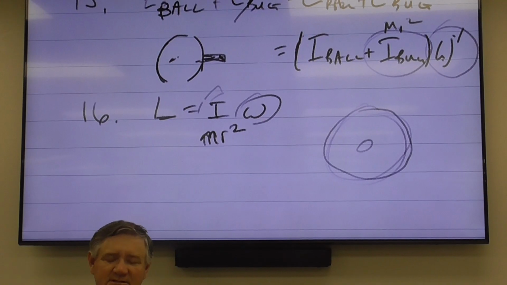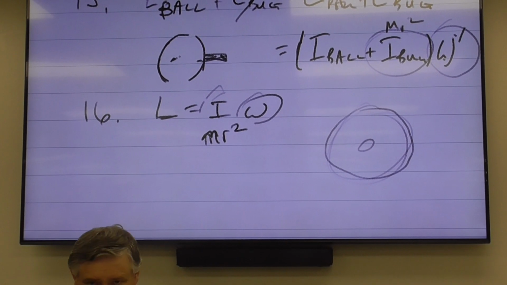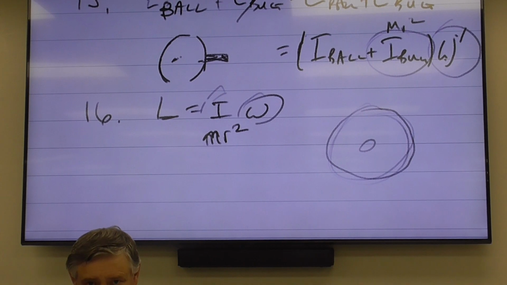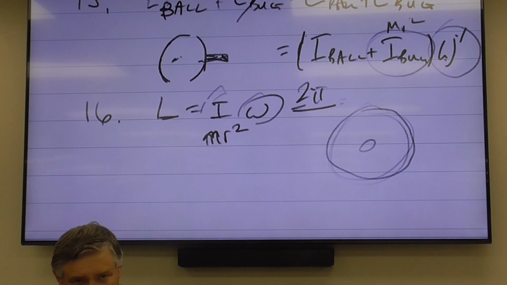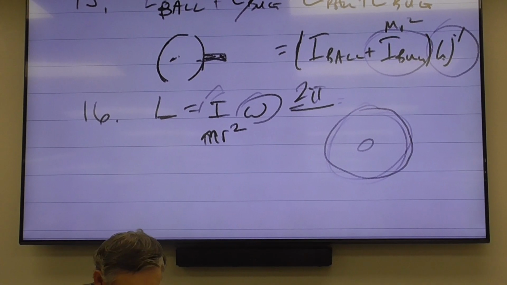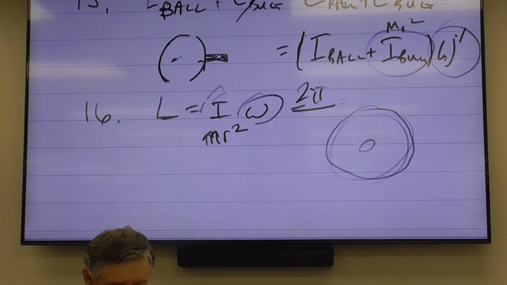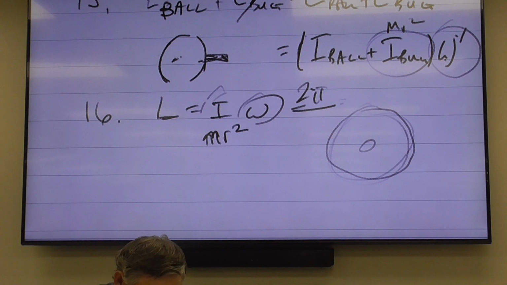How many radians is it going to move through when it makes one revolution around the earth? 2 pi. Yeah. So that's going to be 2 pi divided by the number of seconds in 27.3 days. So yes, your answer to 16 should be something times 10 to the 34th. Sweet. Okay? Now, on 17, let's talk about 17.